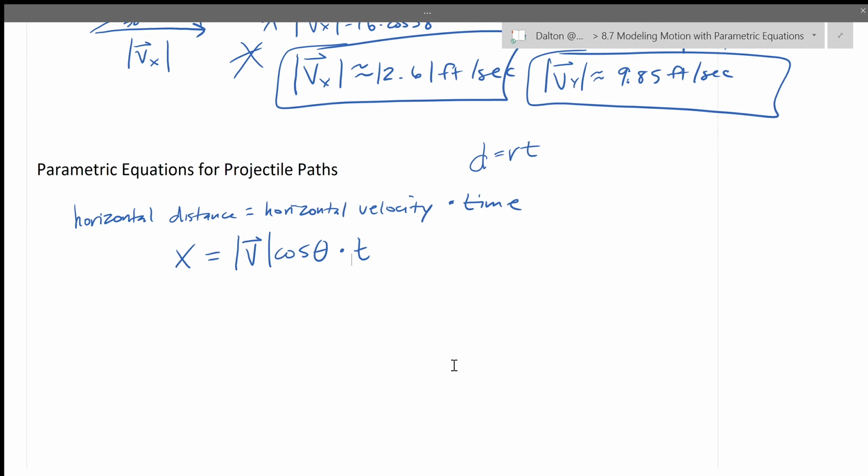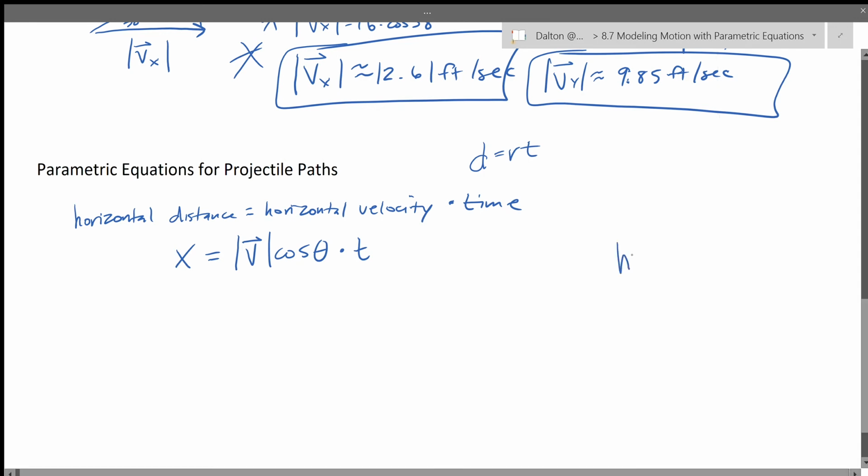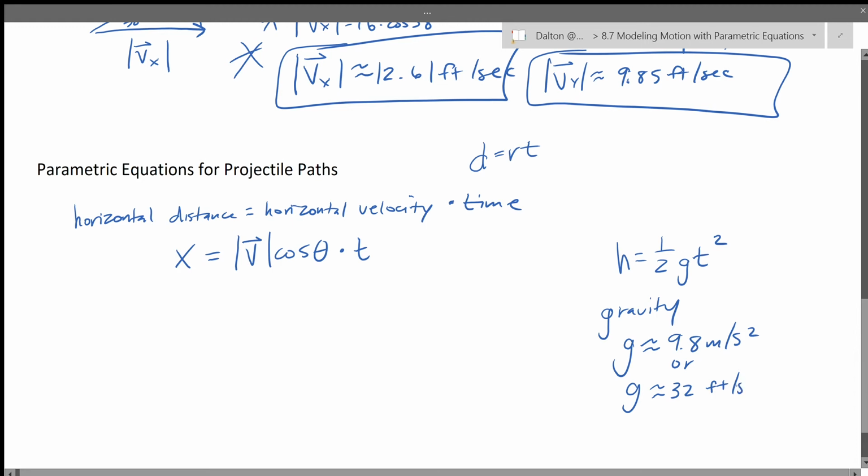So I'm going to write these out here to the side. Height is equal to 1/2 gt squared, and that may ring a bell, where g for gravity has two potential units. Either gravity is going to be in meters per second, which is 9.8 meters per second squared, or depending on the units of your problem, gravity will be 32 feet per second squared.